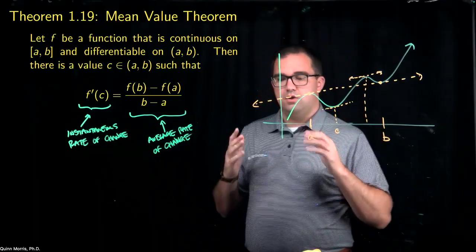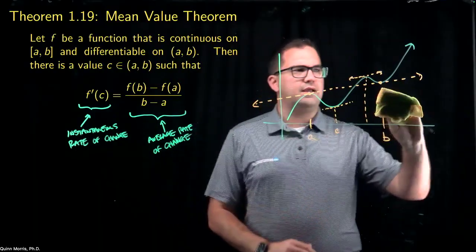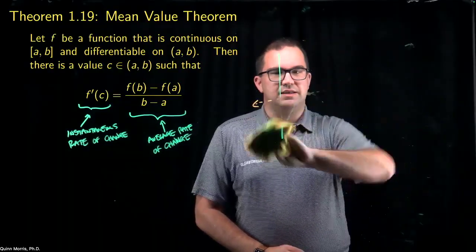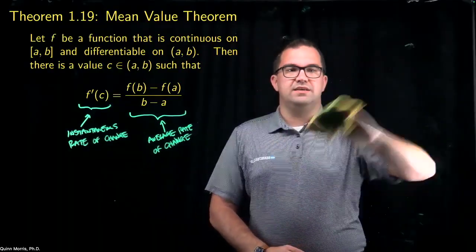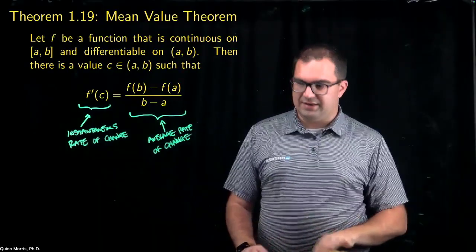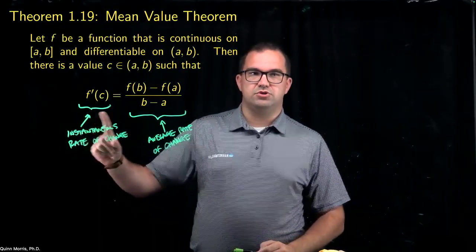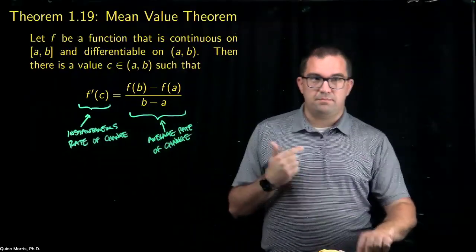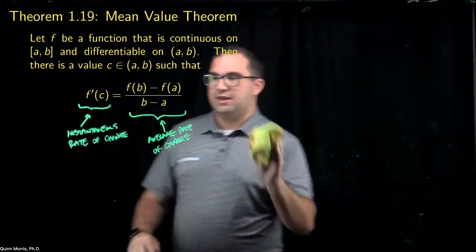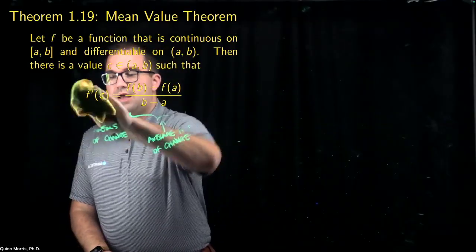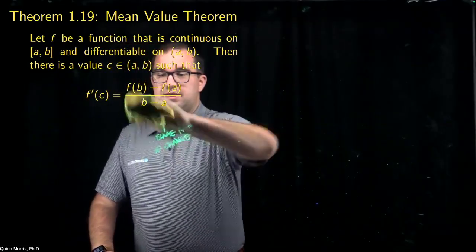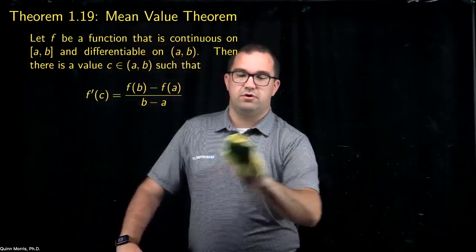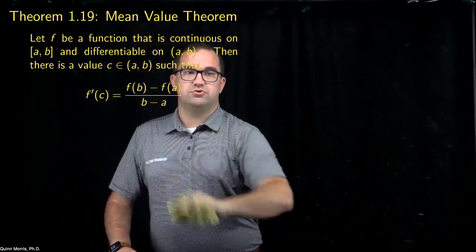Now, why are we talking about this theorem right now? Well, it turns out, if we look at this in a different light, what this is again doing is connecting the derivative of the function to the values of the function. And it turns out that from the mean value theorem, you can deduce a lot of corollaries that tell you about connections between the behavior of the function and the behavior of its derivative.